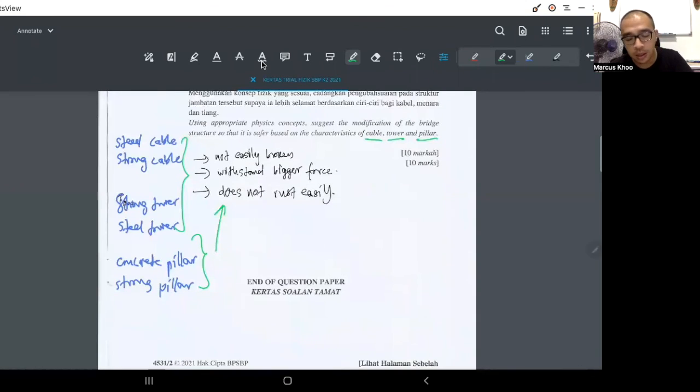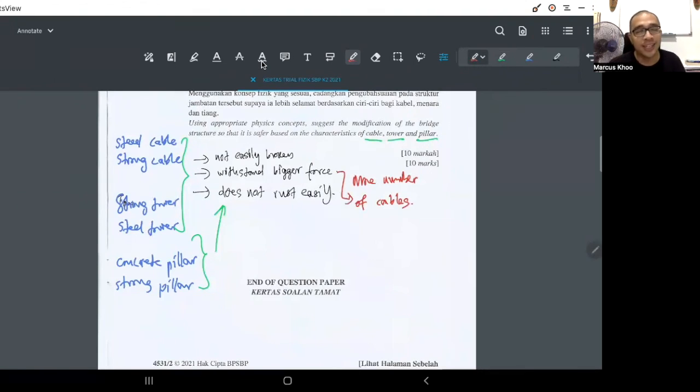Okay, so another possible answer would be a higher number of cables. There are many reasons. One of course is to withstand bigger force again.